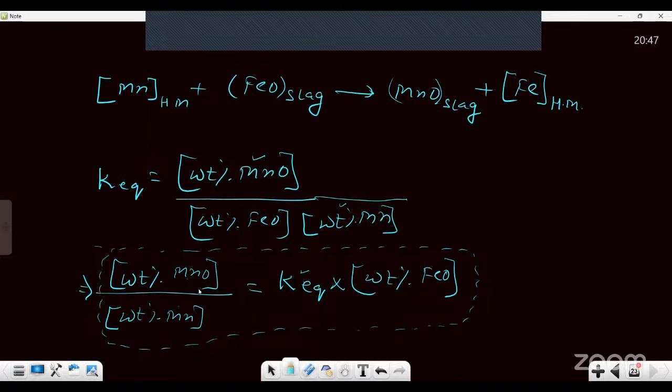So I can say LMn stands for the partition ratio of manganese, and LMn is nothing but the weight percentage of MnO divided by the weight percentage of manganese.